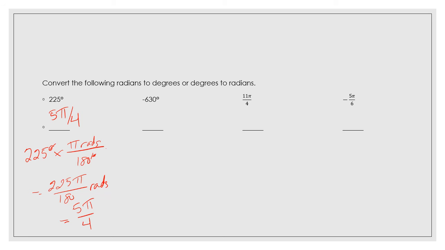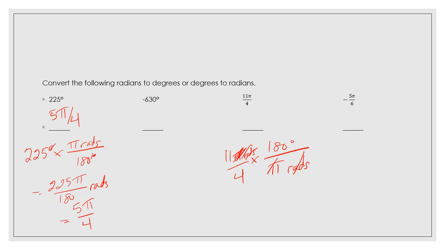Now let's do one from radians to degrees. So I have 11 pi over 4. And again, from radians to degrees, what I need to do is multiply by 180 degrees over pi radians. So then we have radians up here. The radians cancel out and the pi's cancel out.